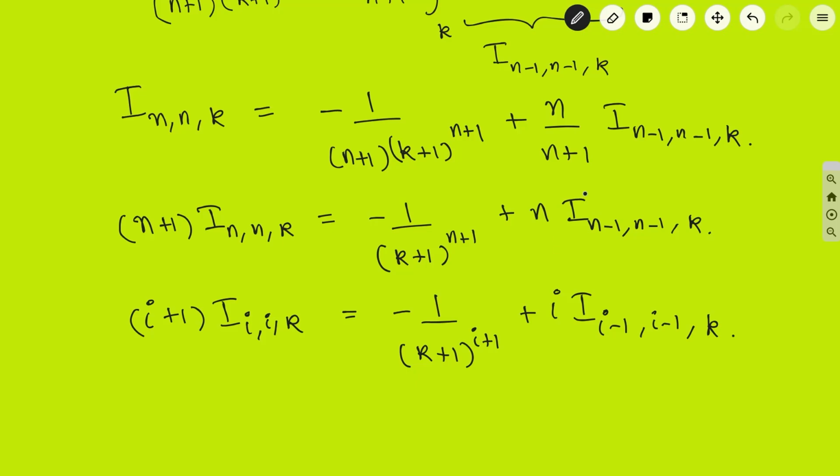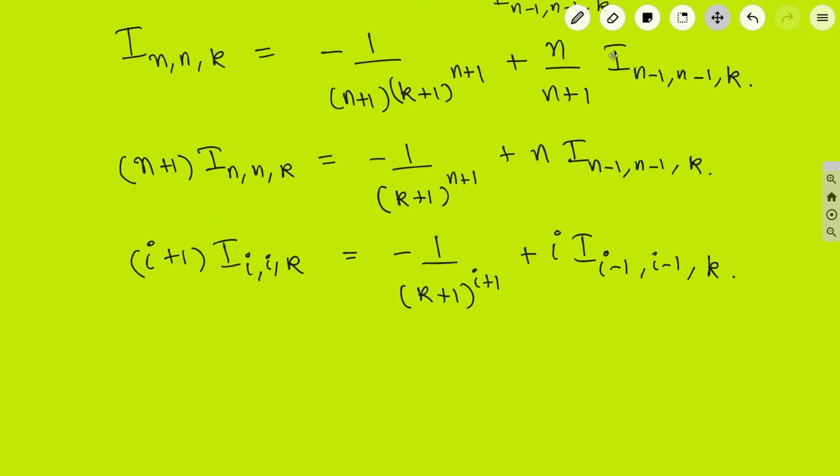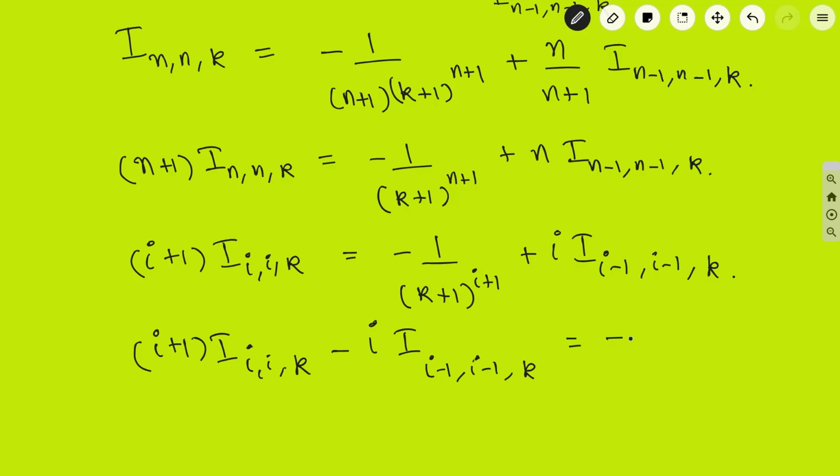Now if you compare these two, let's bring this to the left hand side. You have (i plus 1) I(i, k) minus i I(i minus 1, k) is equal to minus 1 by (k plus 1) to the power i plus 1. You see these two quantities are giving you a recursive formula.